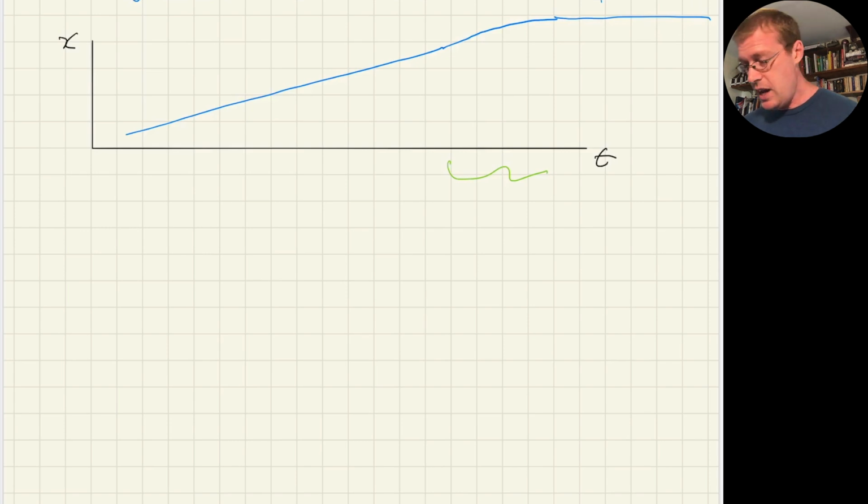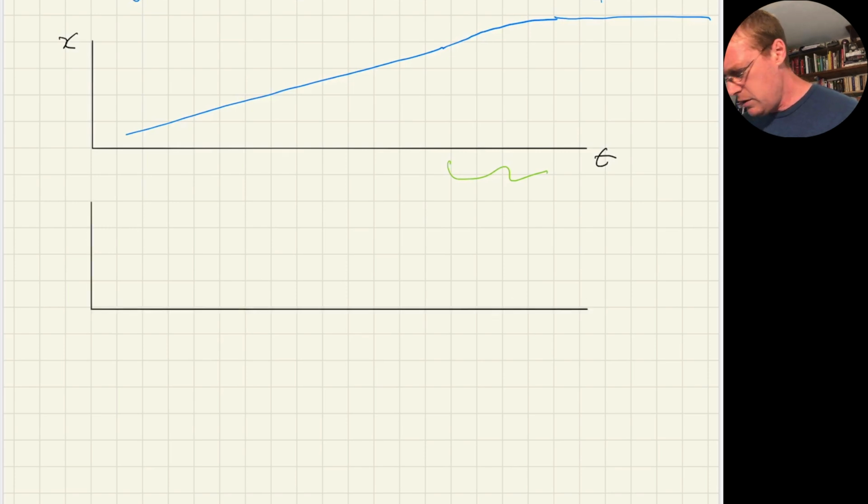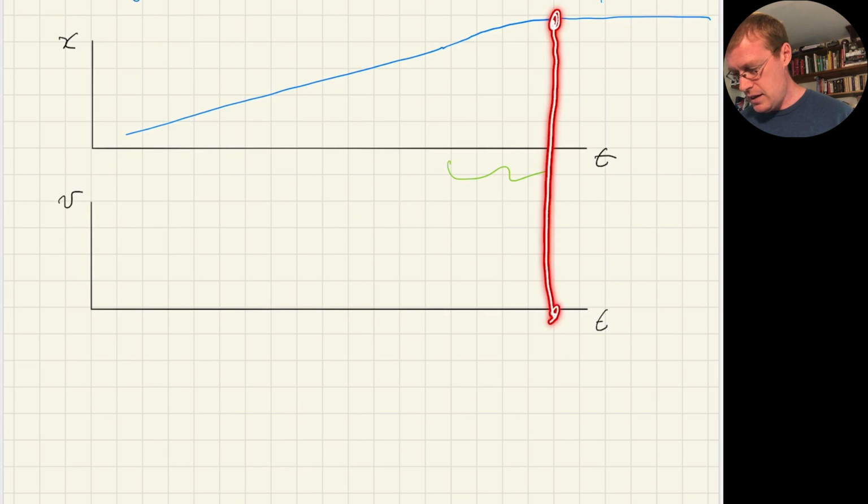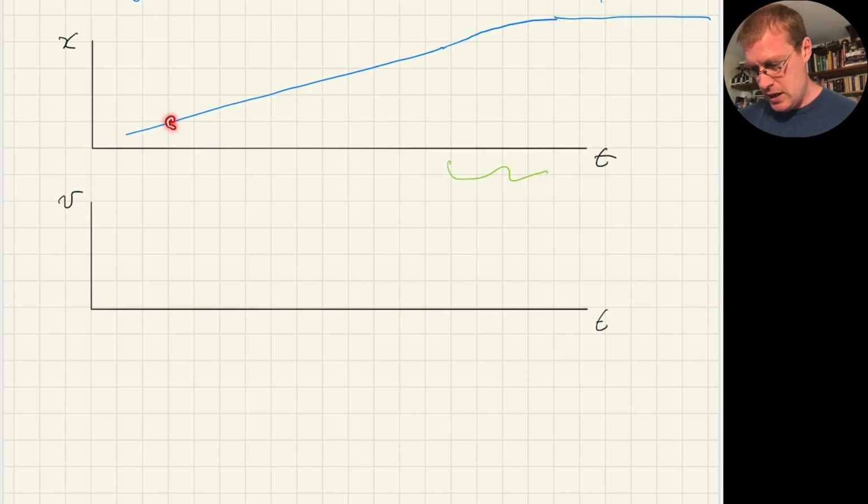And we know the way to do that is I take the slope. I'm just going to draw another coordinate axis under the previous one. And I'm imagining that the times are the same. So if I go down from this point, that is the same time down here. And this point up here is the same time down there.